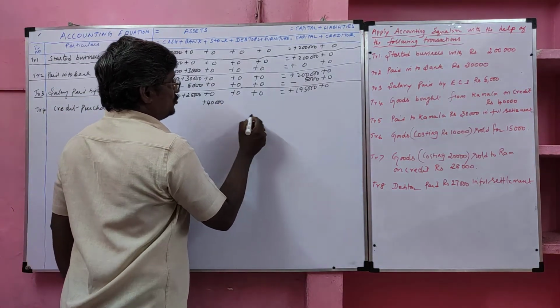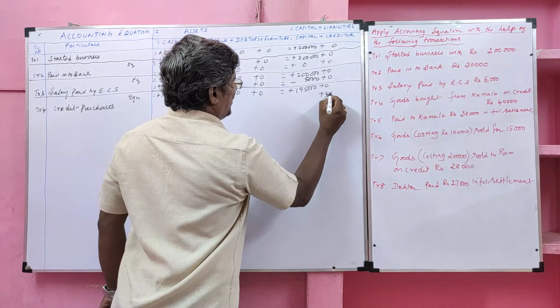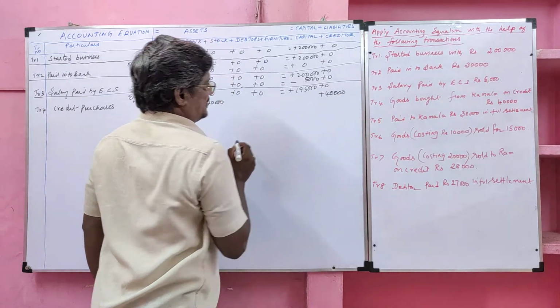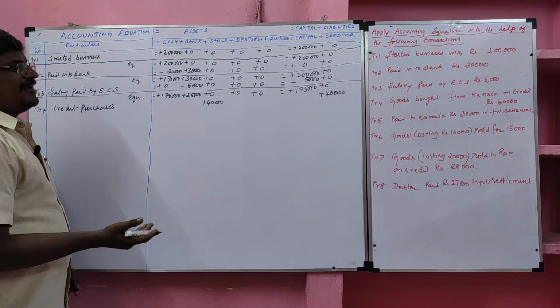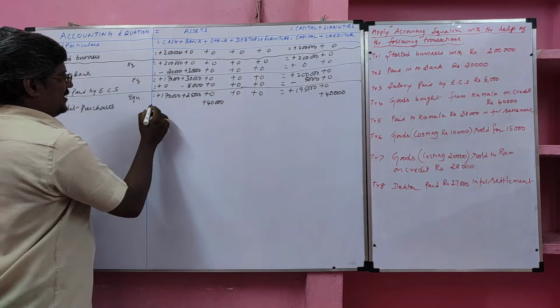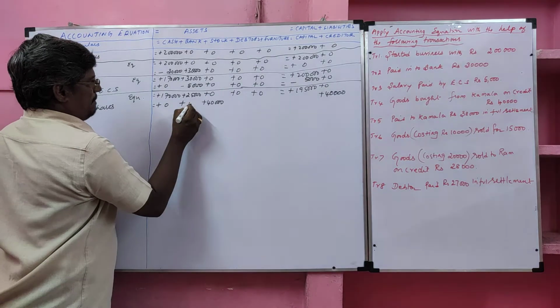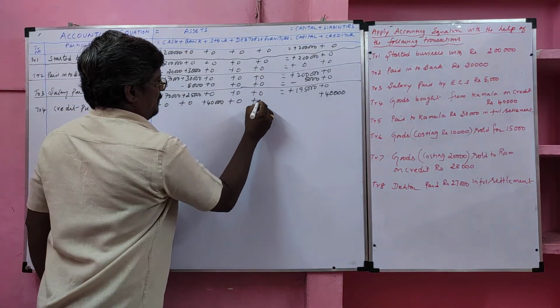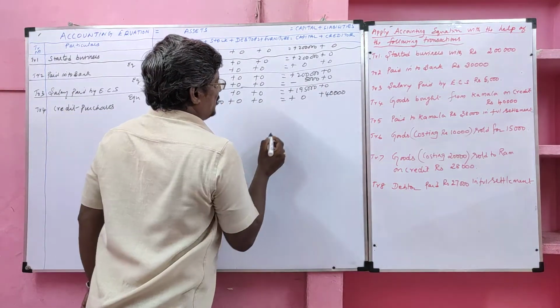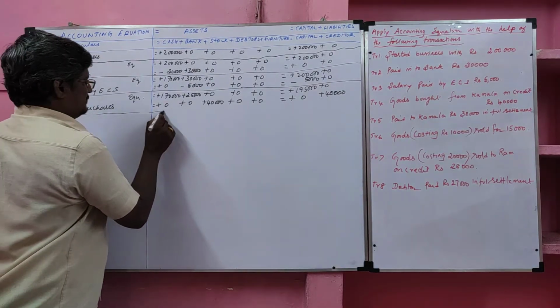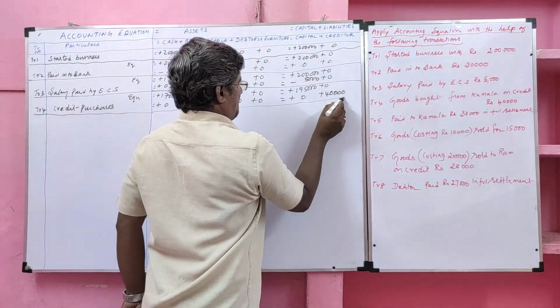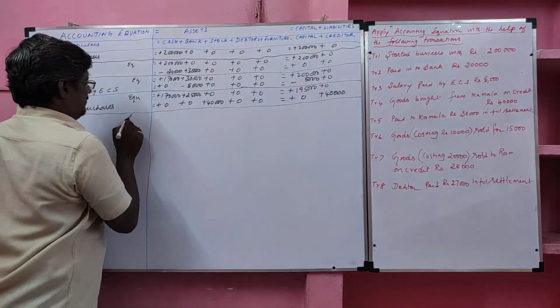When we buy goods on credit terms, our creditor level also increases. Other items we can mark as 0. Balancing equation.